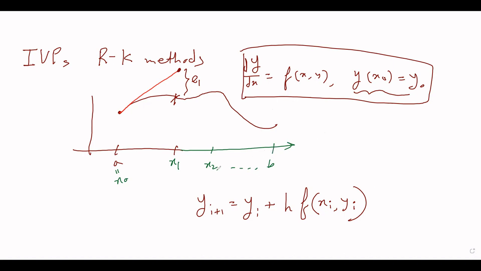Okay, the first thing to be noticed is that when we modified Euler's method, what we did was we thought of drawing another tangent at x1, and we moved along the bisector of the two tangents.